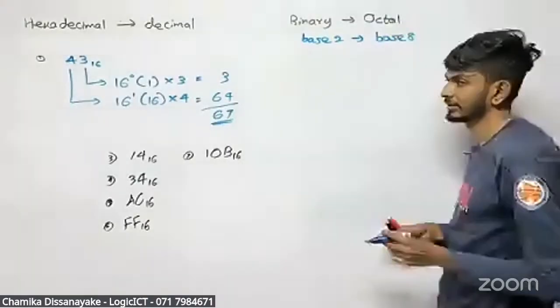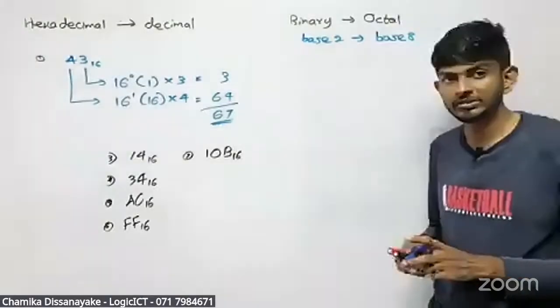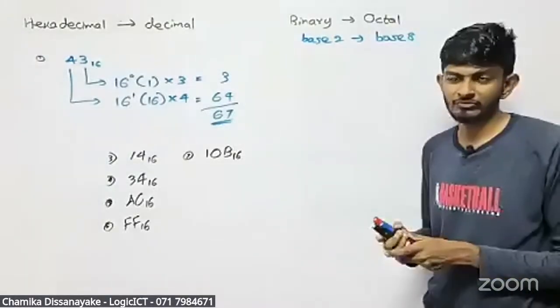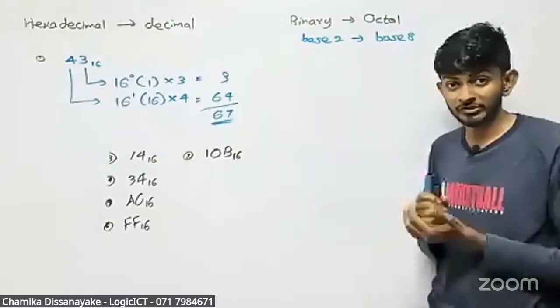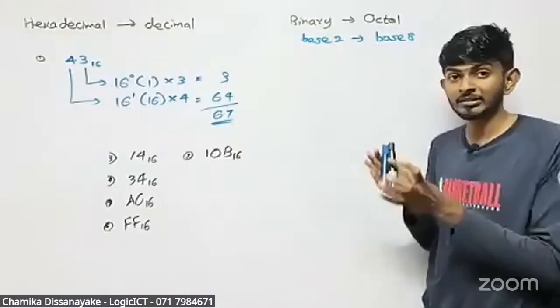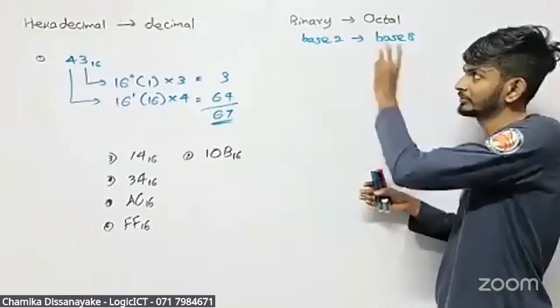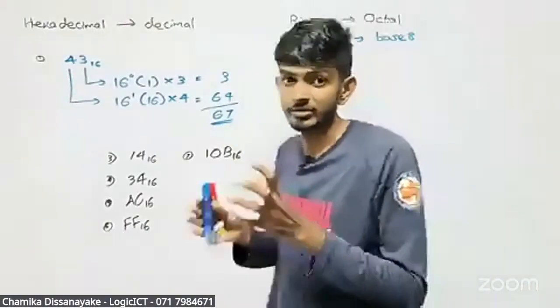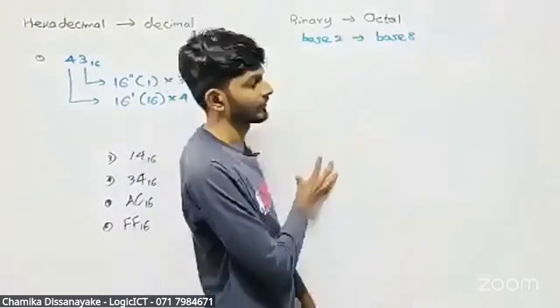This is not base 10. Listen very carefully. This is a very easy one. The thing is, guys, first you have to get the connection of these two number systems. You have to understand the connection between those two number systems. What is the connection?